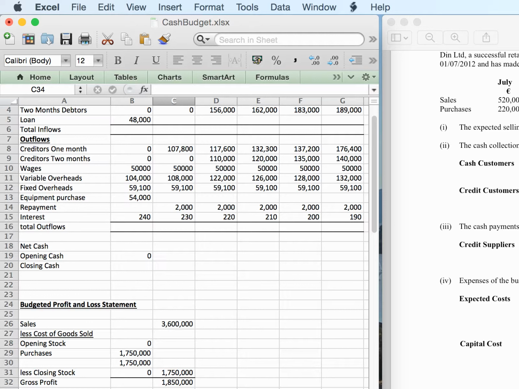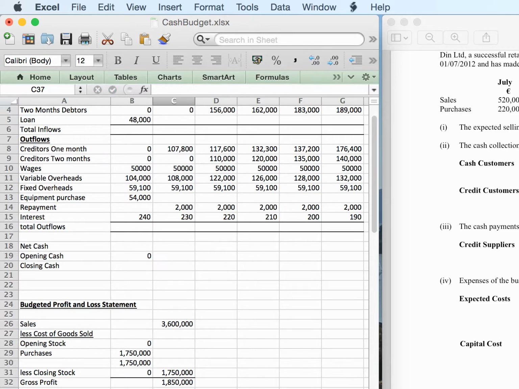So my discount received is going to be the 1750, take away my December, which is 380, and I multiply that number by 0.01. That's 1%, yeah.